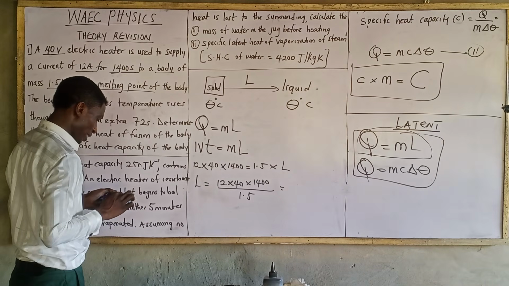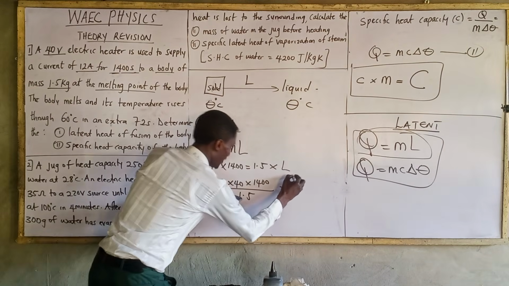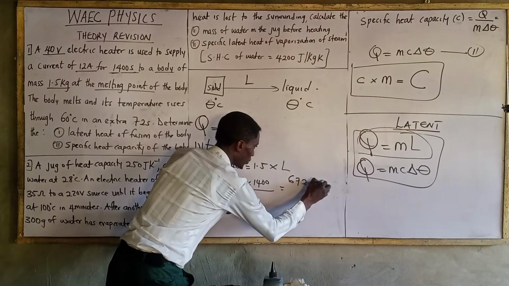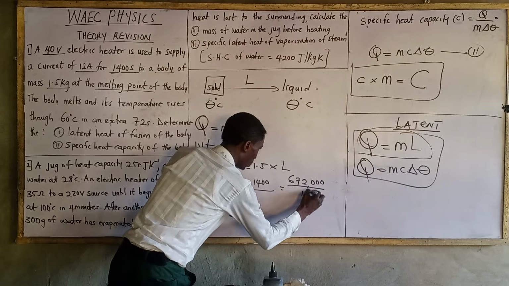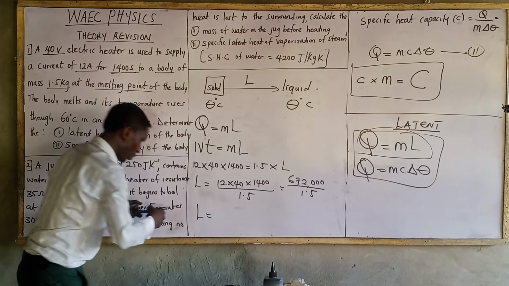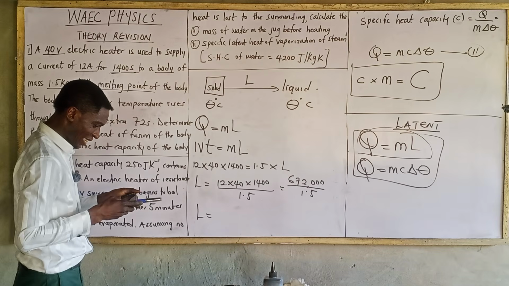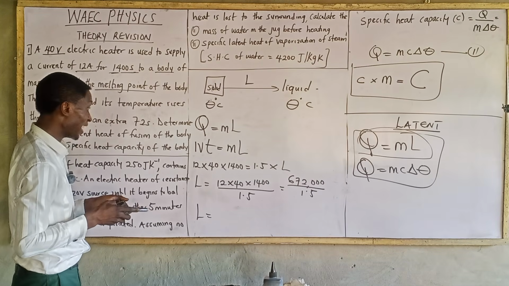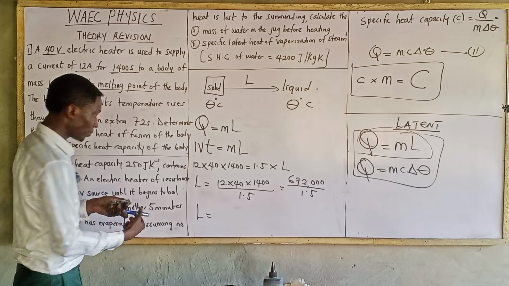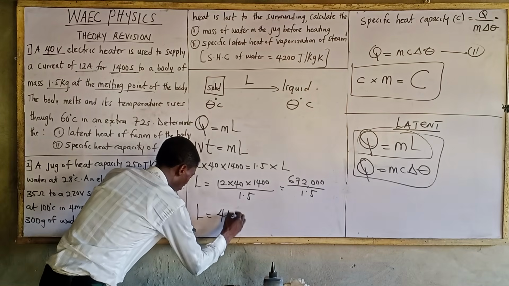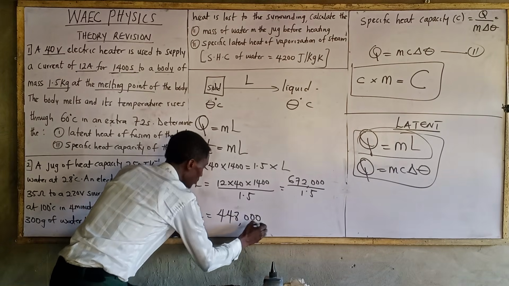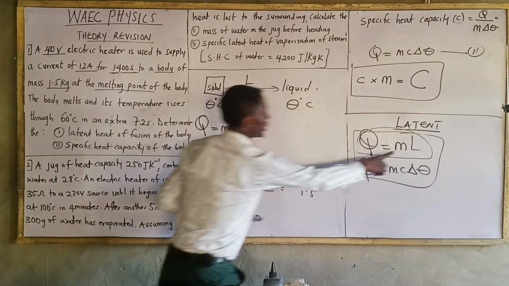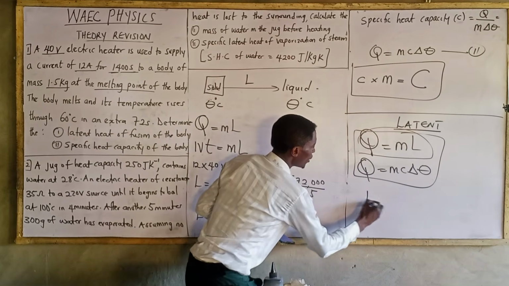We've got that to be 672,000, all divided by 1.5. Now let's see what becomes of the latent heat of fusion. That gives us 448,000.